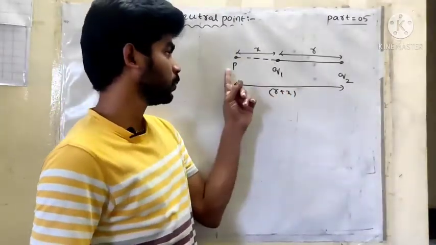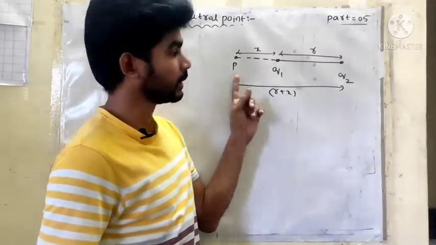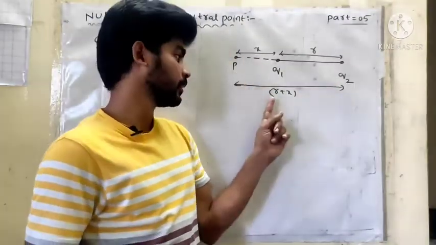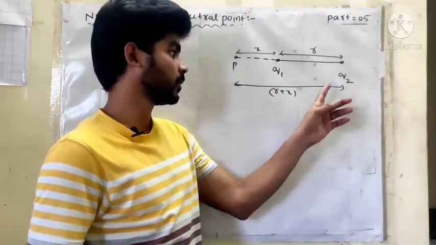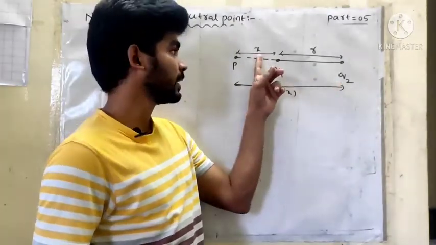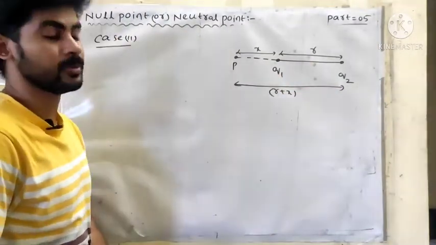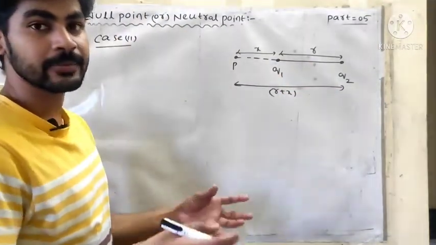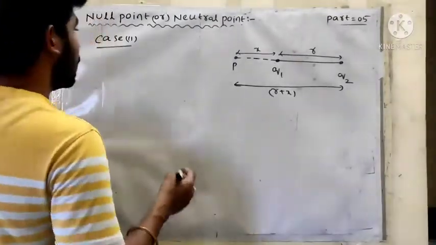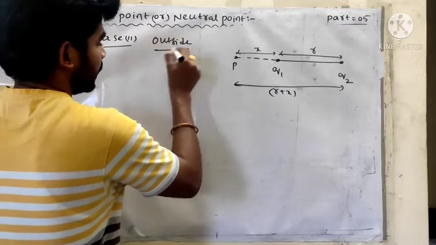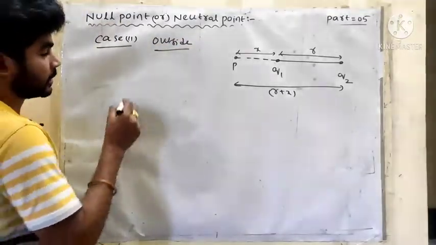So from q1 to P we have to calculate the electric field, and from q2 to P also. The distance r plus x is the distance from q2, and x meters from q1. Okay, same concept: before it was inside the 2 point charges, now it is outside of the 2 point charges.